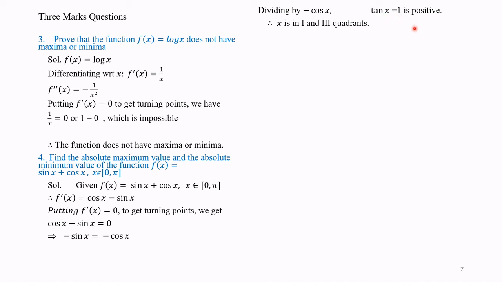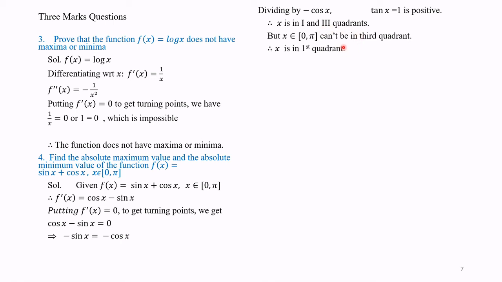So it is positive. Tan x positive means x is either in the first quadrant or third quadrant. We know from trigonometry that if tan x is positive, then x is in the first quadrant or third quadrant. But x belongs to 0 to pi, so it lies in the first and second quadrants, and the third quadrant is not possible.